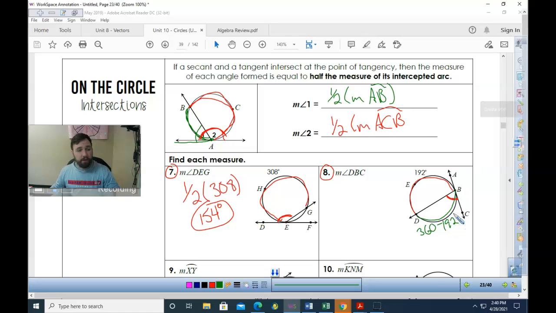By all means, you could have found that angle first and then subtracted from 180 to find the angle you're missing, but to each their own. So I find this is 168 degrees. Now I have an angle and an arc. My angle is 1/2 the arc, which is 84 degrees.